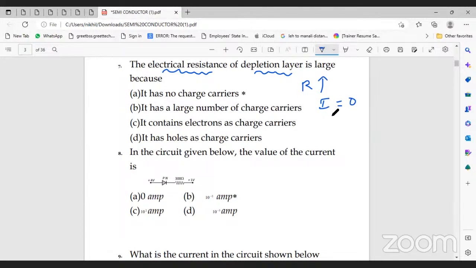If the current is zero, there are actually no charge carriers. Only if there are no charge carriers are you going to get the current as zero. Therefore, there will be no charge carriers if the electrical resistance is large. Please remember that.